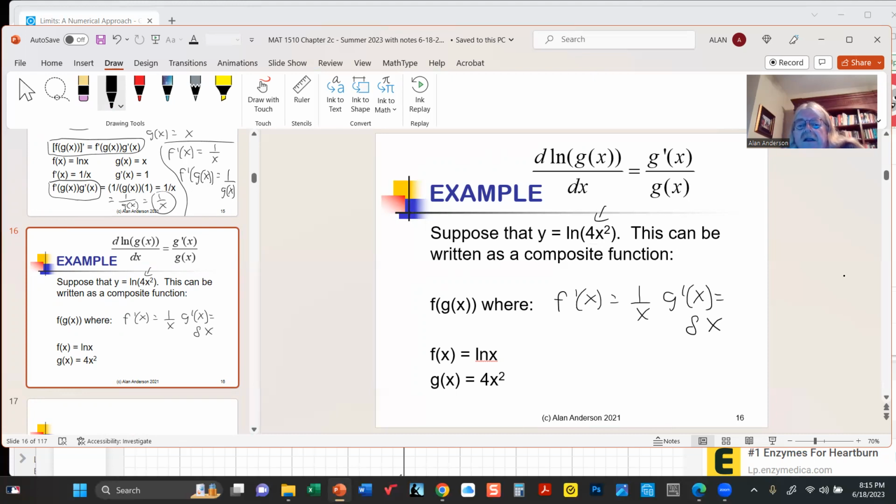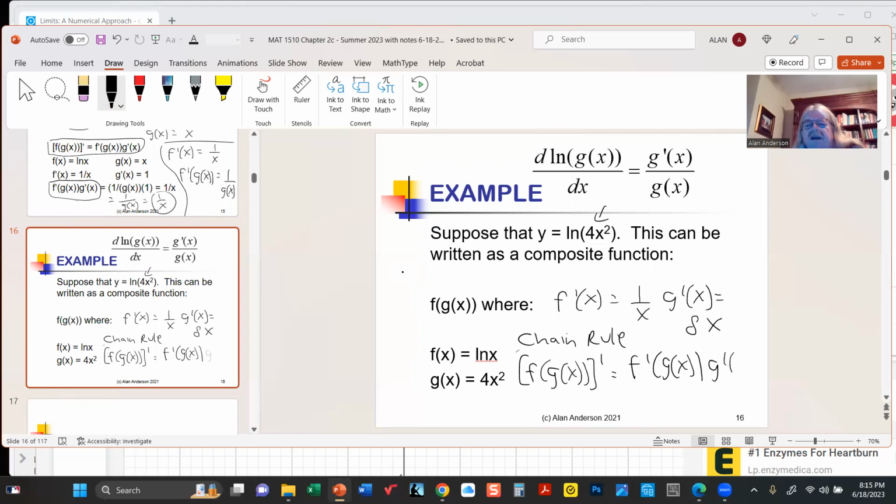So remember, again, too, based on the chain rule, we're going to have f prime of g of x, g prime of x.